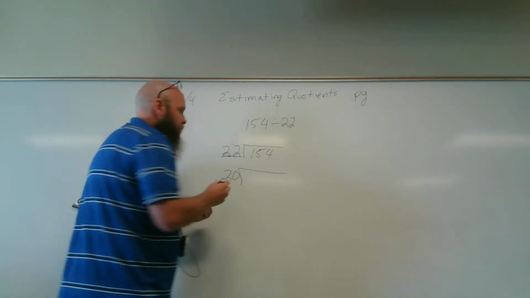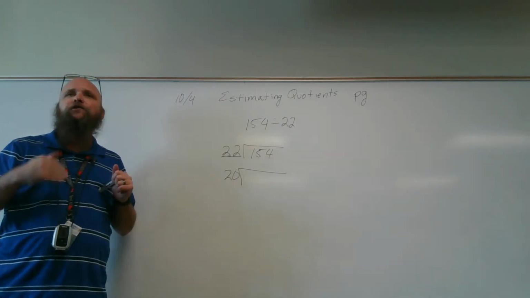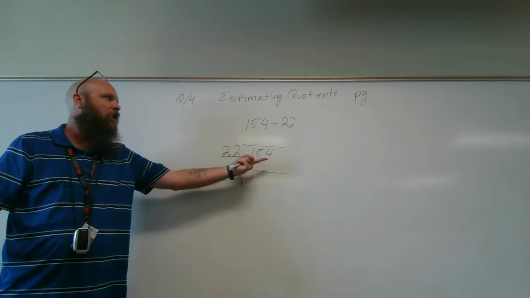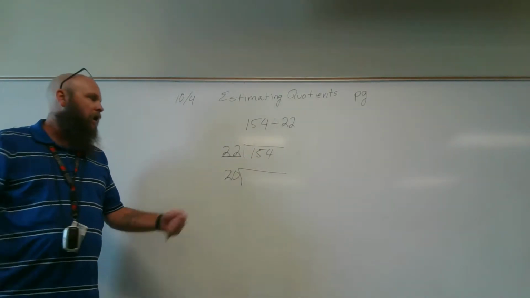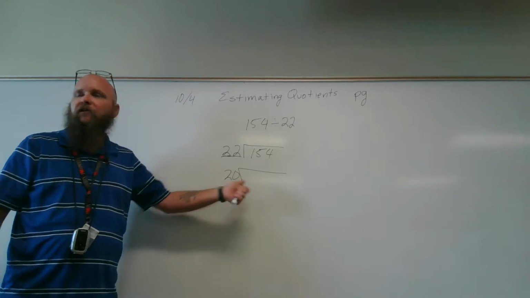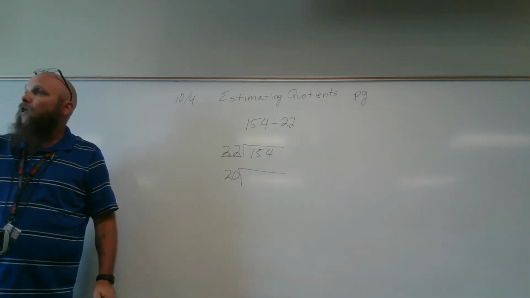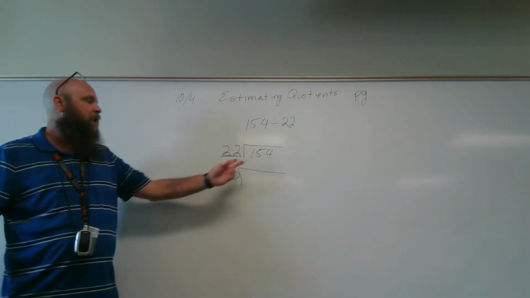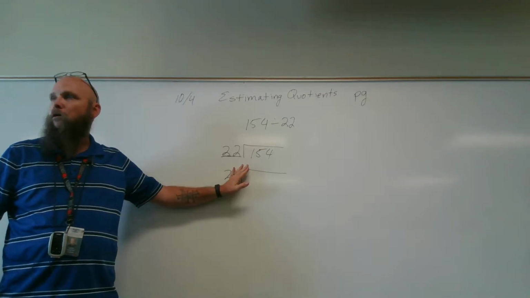And then I want to find a number that 20 could divide into evenly that is close to 154. Another way to look at it is a number that 15 can divide in evenly that is close to 2.